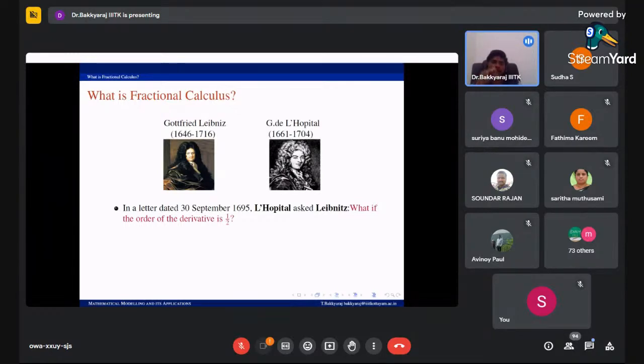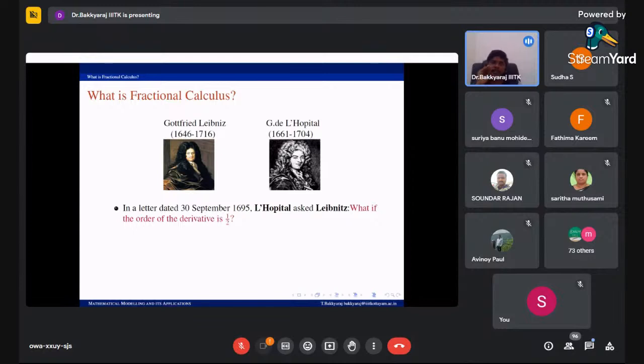These are the two famous mathematicians. Leibniz introduced calculus from the geometric point of view. He treated the derivative as a slope, the tangent. When Leibniz introduced the notation for the nth order derivative, d^n y by dx^n, n was a natural number.